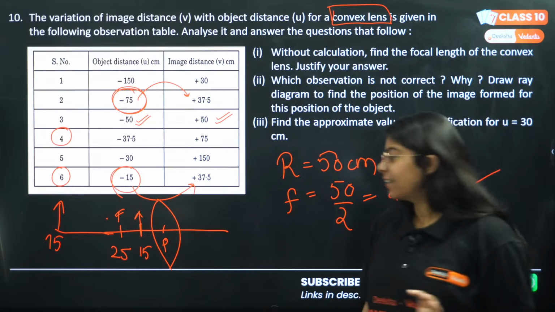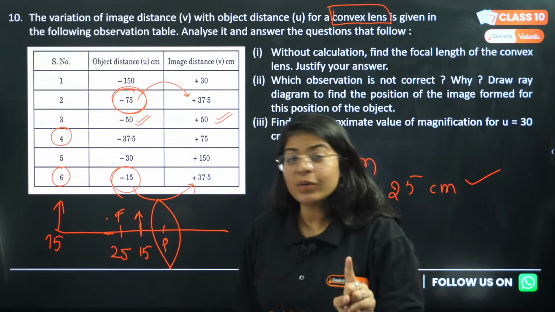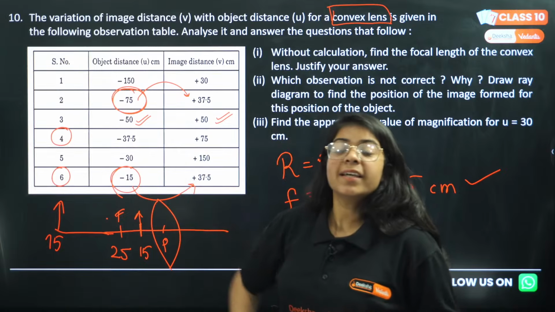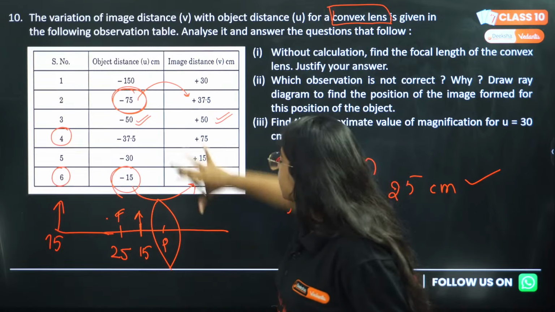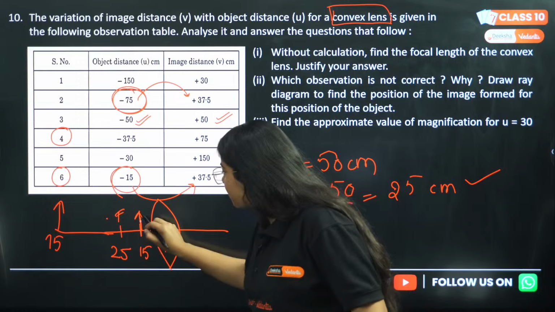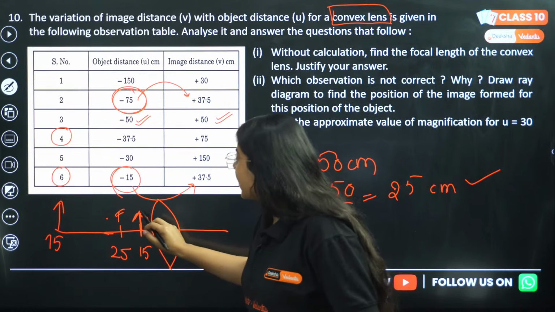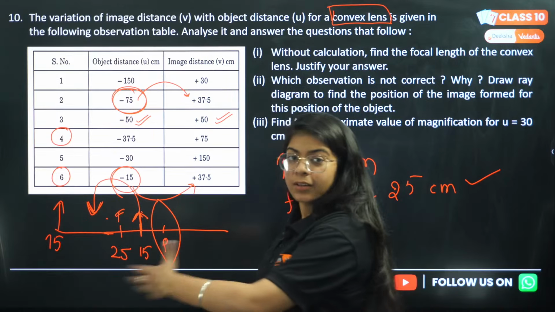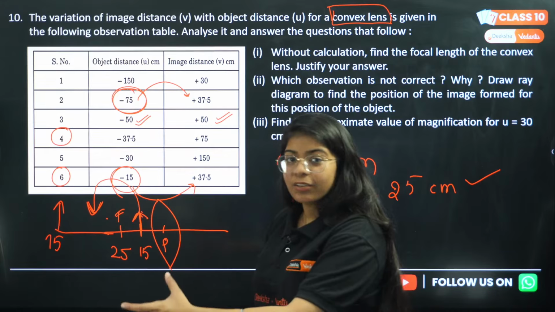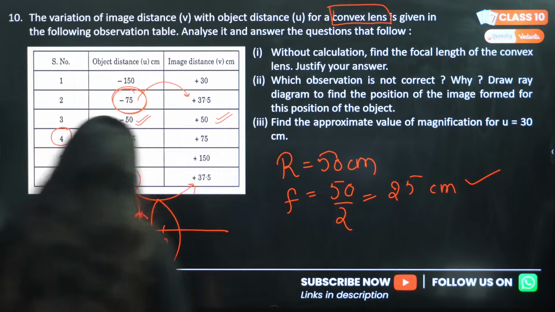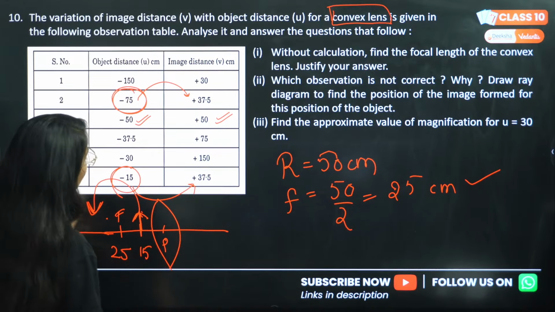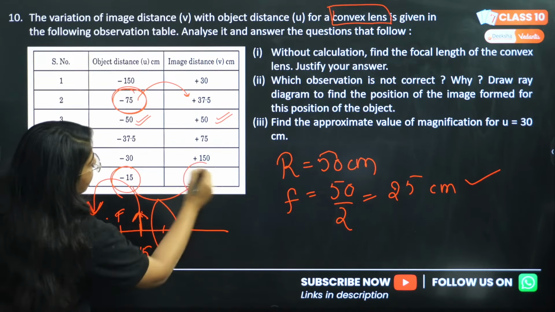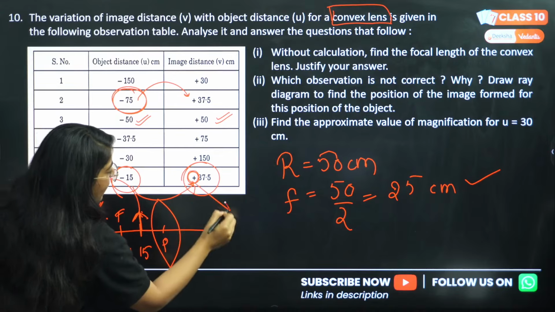Now you understand, right? You will also see the signs of these images. If my object is between pole and focus, then the image should be on this side of the mirror, on the left hand side of the mirror, correct? For a lens, for the left hand side, its sign should be what?